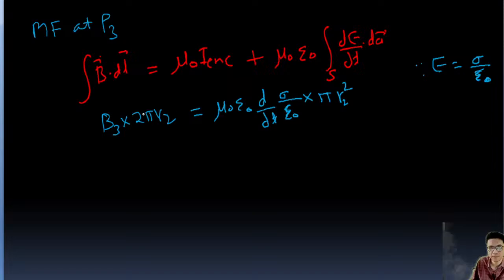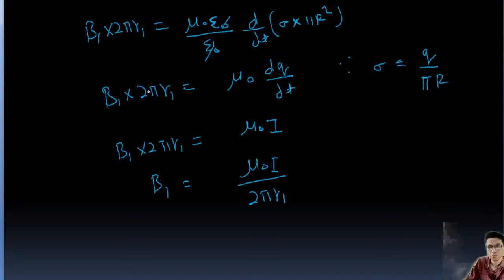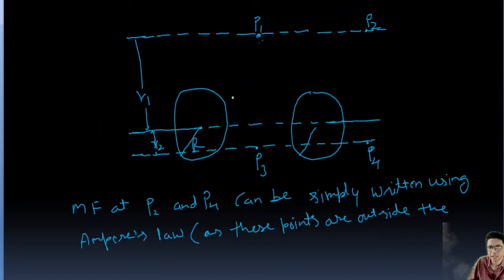Here you can see, at this point it is pi r2 square, because capital R is greater than this r2, okay. So at this point, between the plates of the capacitor, this is going to be pi r2 square, okay.